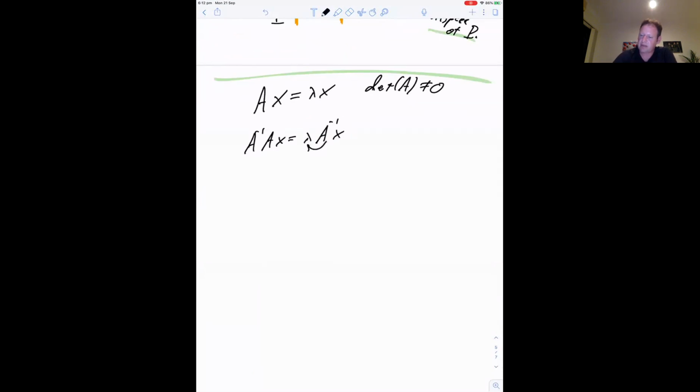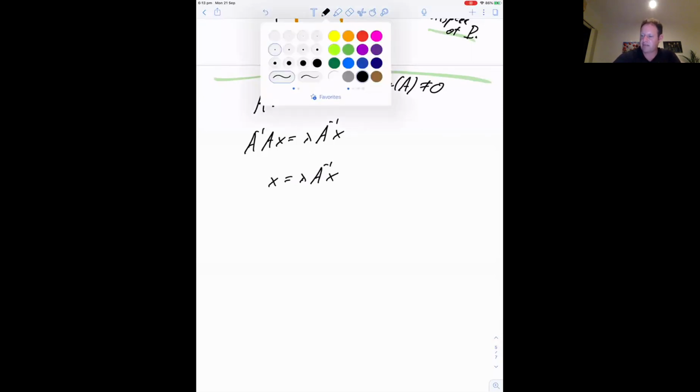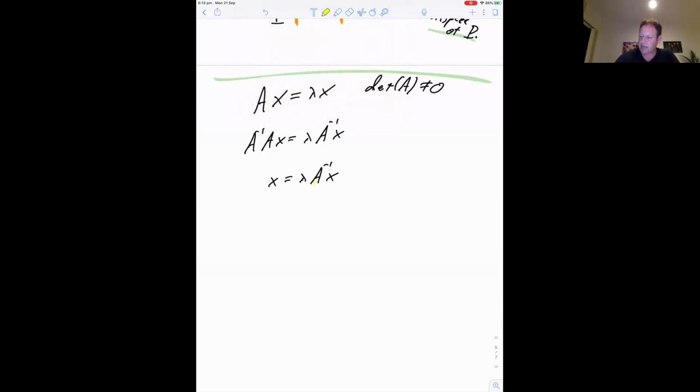So what we get here is x equals lambda A inverse x. So what can I do now to find the eigenvalue associated with x for our new matrix A inverse? What can I do?